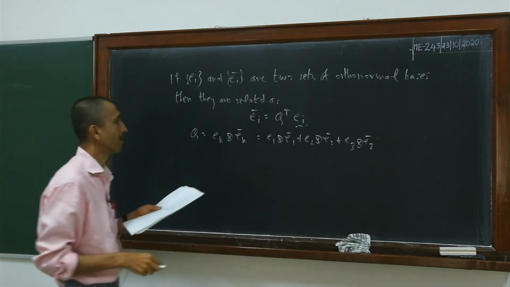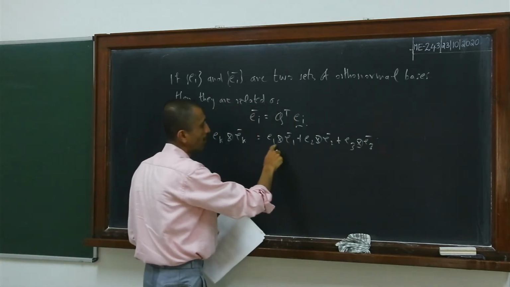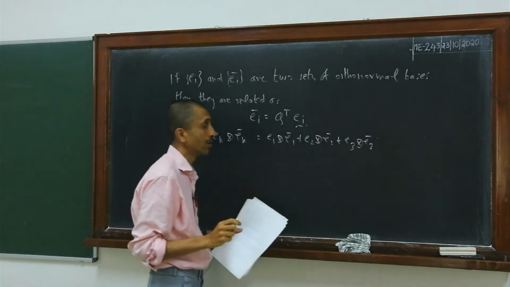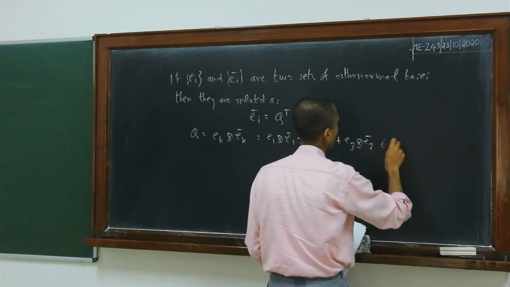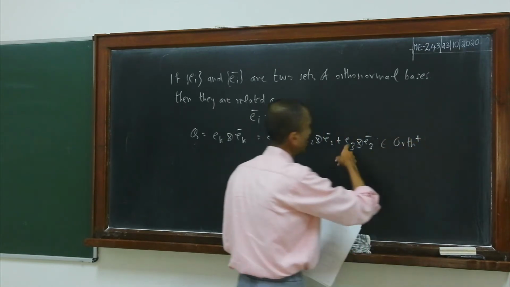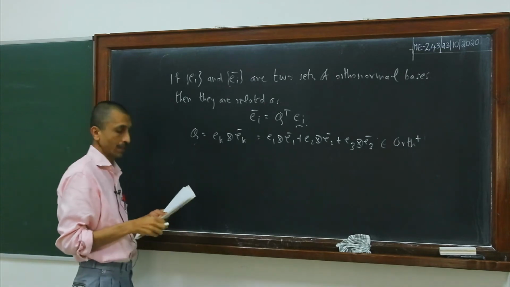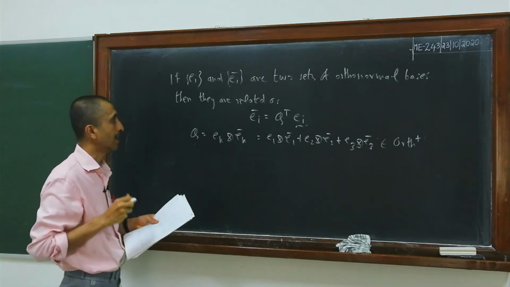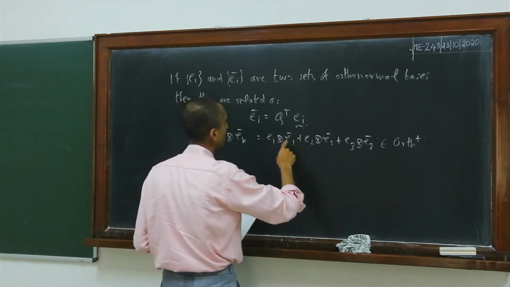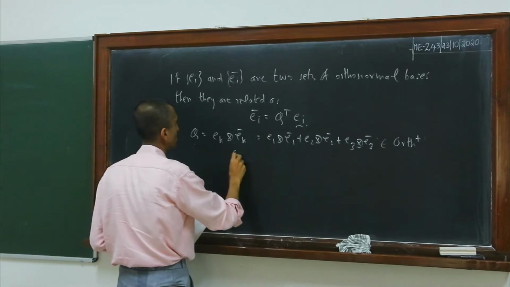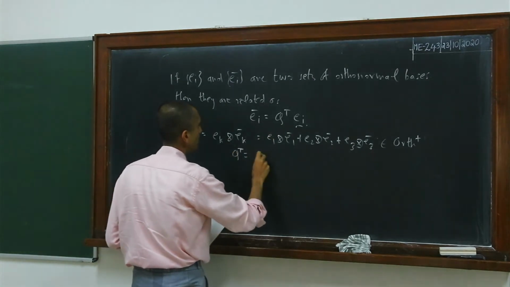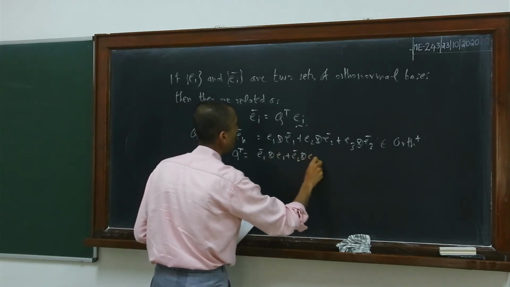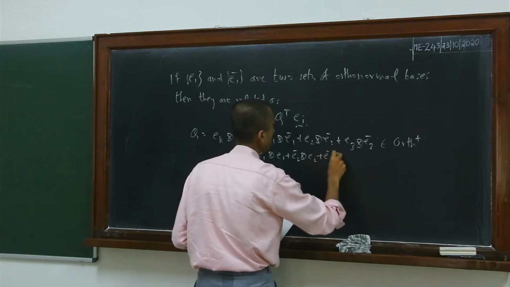Okay, so we have already seen that when you form a tensor out of two orthonormal bases in this particular way, then it becomes an orthogonal tensor, right? So this belongs to Orth plus. This we have already seen in the last class. So if you take the transpose of this, Q transpose will be equal to E1 bar dyadic E1 plus E2 bar dyadic E2 plus E3 bar dyadic E3.